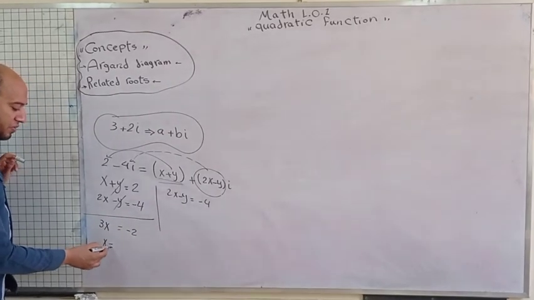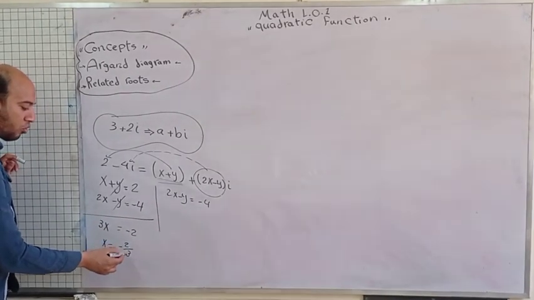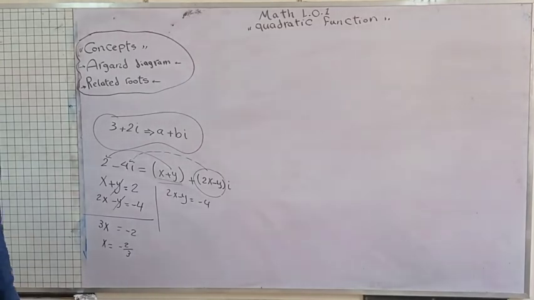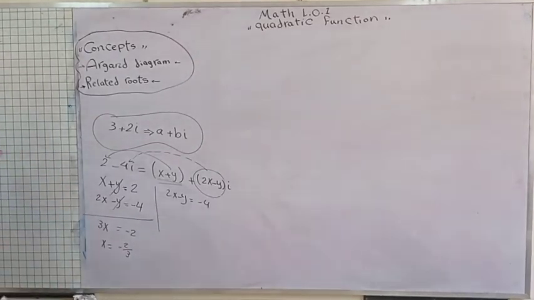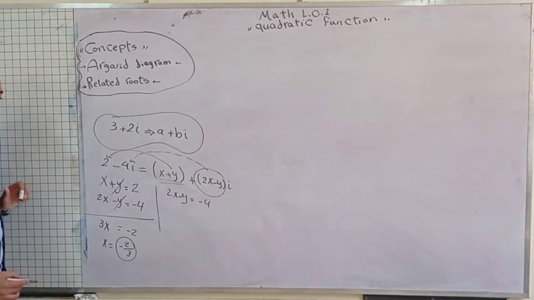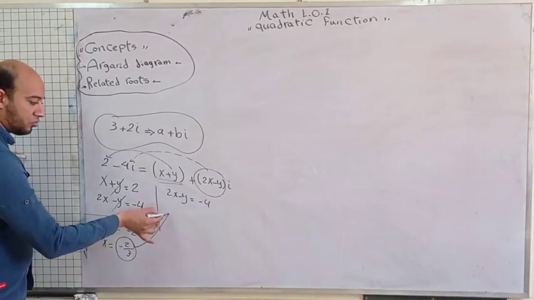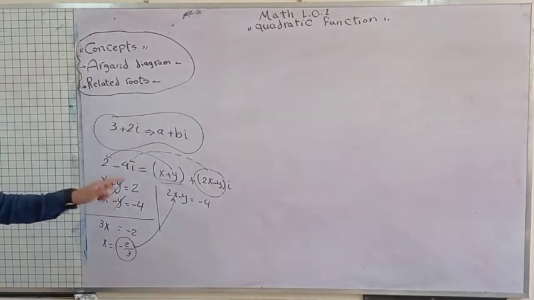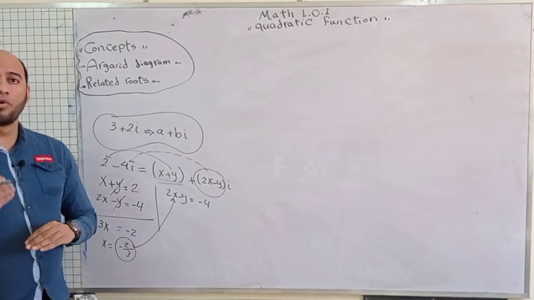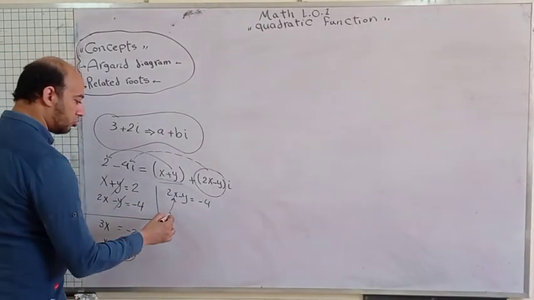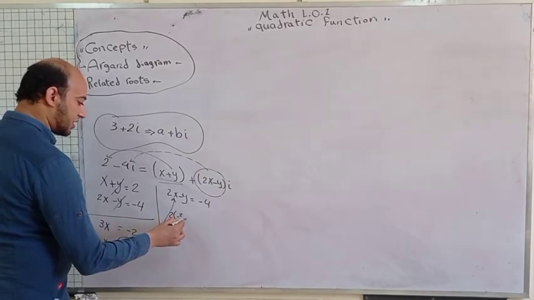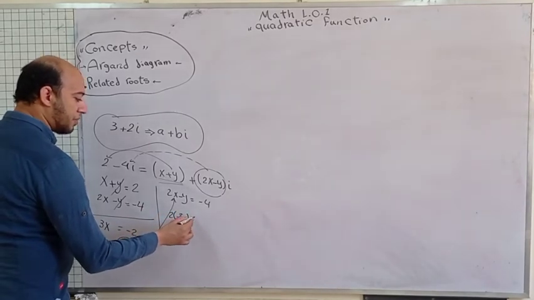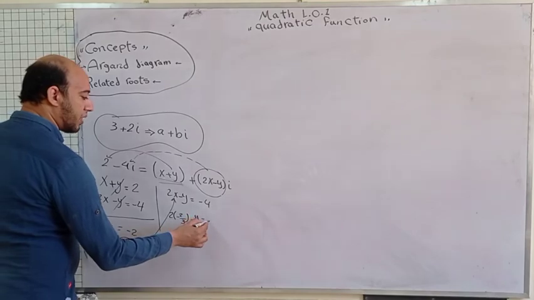Then x will be equal to minus 2 over 3. Now, we get the value of x. We will substitute it in the other equation to get the value of y. Then 2 times minus 2 over 3 minus y equals minus 4.